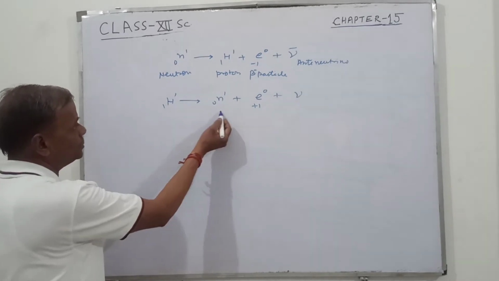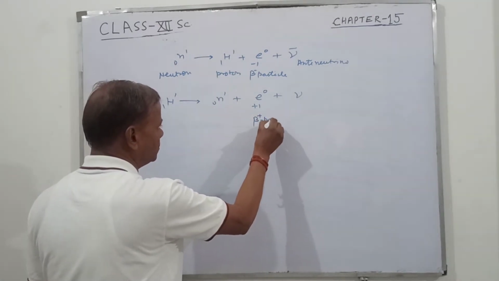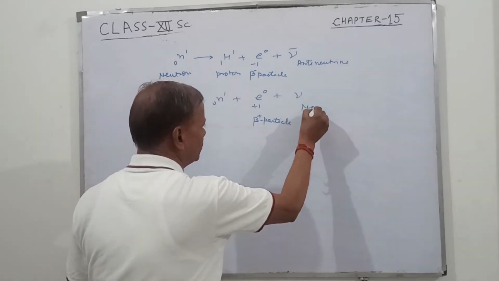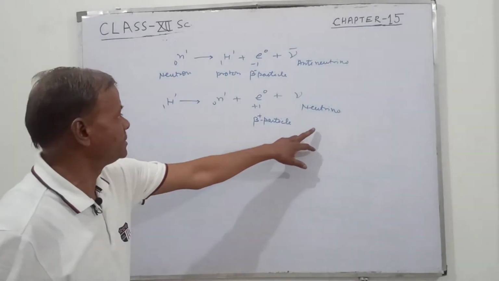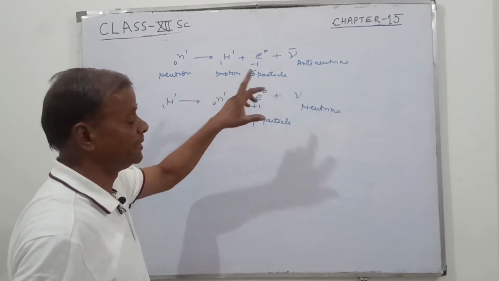So this is proton, this is neutron, this is the beta plus particle, and this is neutrino. It means that neutrino is emitted with the beta plus particle and antineutrino is emitted with beta minus particle.